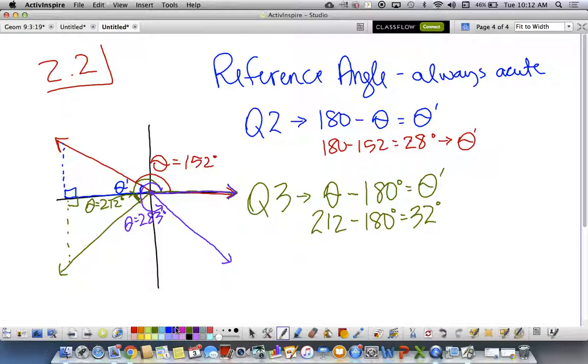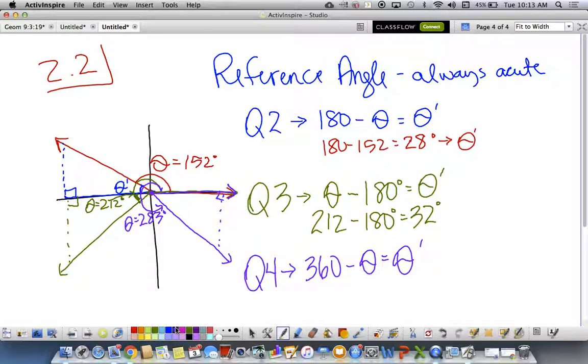Where are we always drawing our triangle to? The x-axis. So we've gone 90, 180. So we're either going to do 180 or if we go all the way around, 360. So in quadrant 4, you will say 360 degrees minus your theta will give you your theta prime.